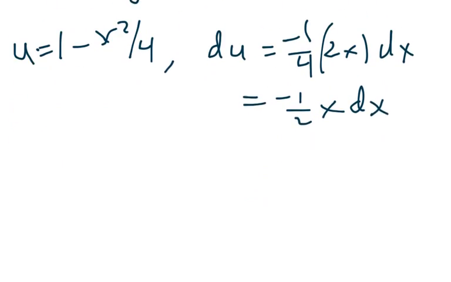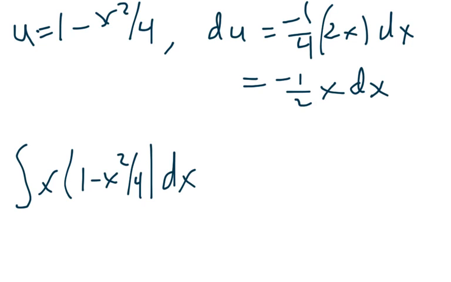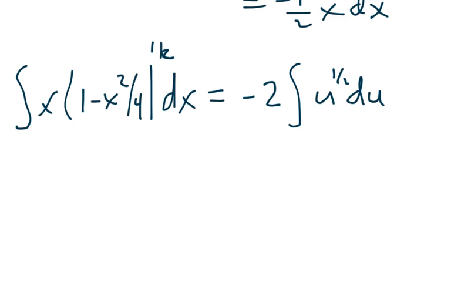So we're just going to look at this integral on its own, the integral of x times (1 minus x squared over 4). I'm going to drop the bounds for now. I'll plug them back in once I get to the end. This integral is just minus 2, if we're solving for x dx, minus 2 times the integral of u to the 1/2 du.